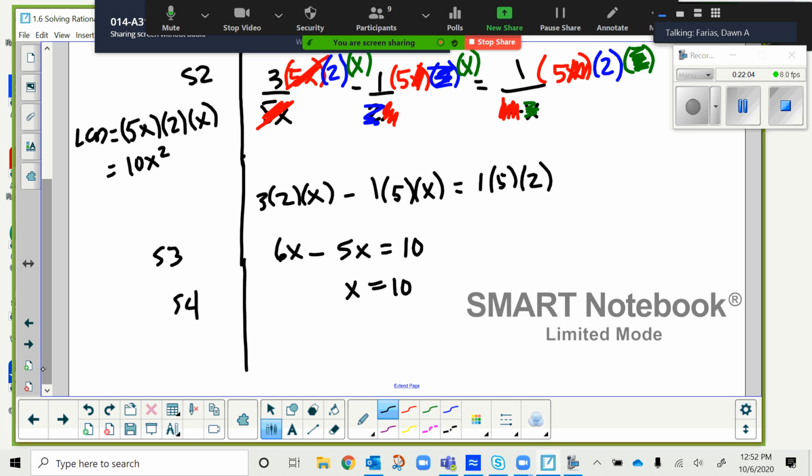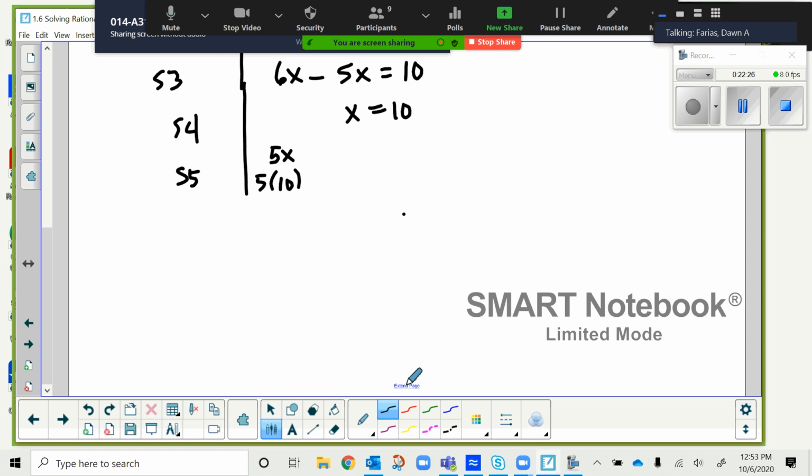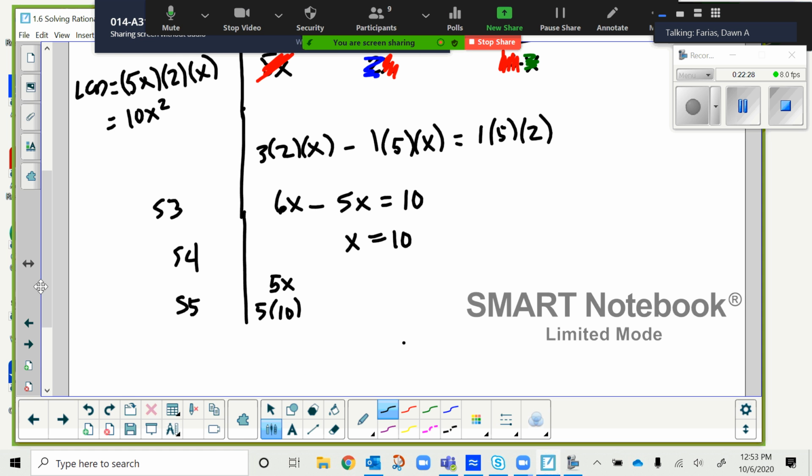And remember, step 5 is not optional. You have to check that 10 doesn't make any of the denominators in the original problem 0. So here was the first denominator that we need to check, 5x. When I plug 10 in, I get 50, which is not 0, so that's good.